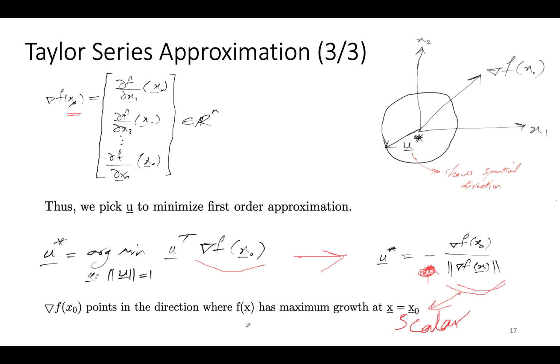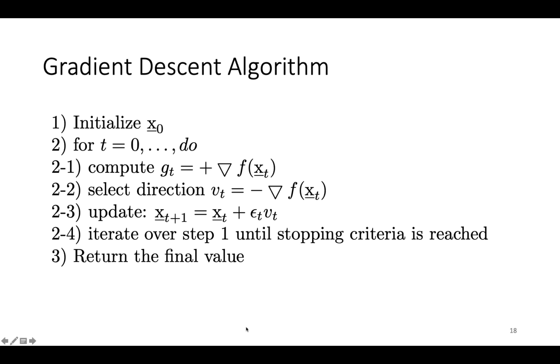All right, so let's just summarize it in a pseudocode. So we have the algorithm of gradient descent. We're going to initialize x0. For our iteration from 0 up to the point that we want to stop, we have to compute the gradient at the point at the iteration t of f of xt.